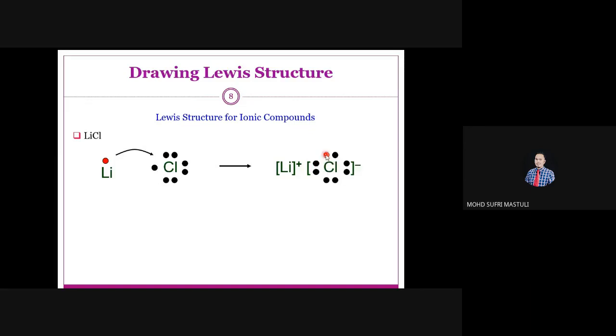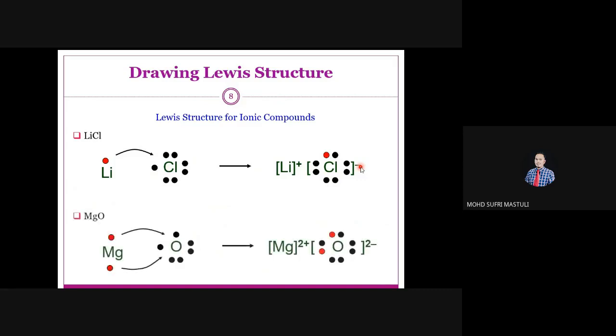So the red dot is the valence electron from the lithium. The lithium loses the electron, it becomes lithium positive. The chlorine gains one additional electron from the lithium, it becomes a negative ion.